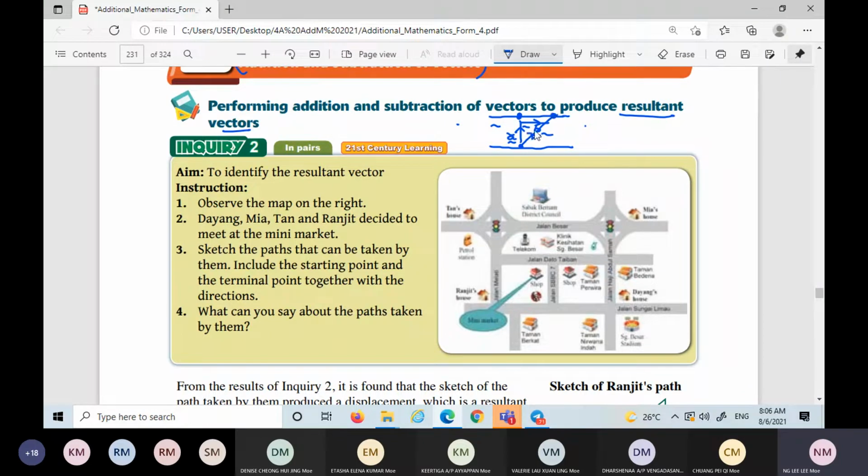This double arrow is the combination of these two vectors, the one we call the resultant vector. I think it's quite simple. So A plus B will produce this. I can label it as A plus B. So this is the resultant vector.